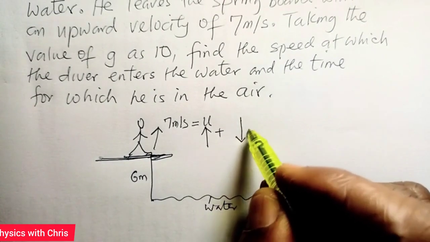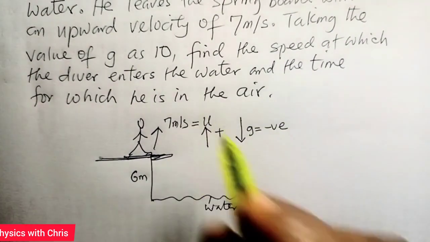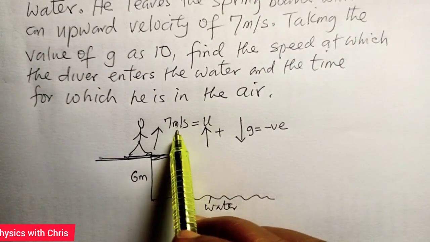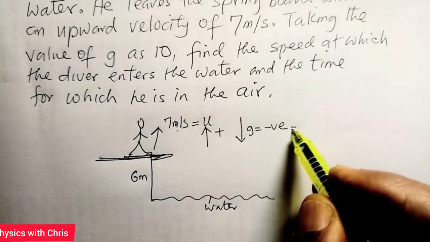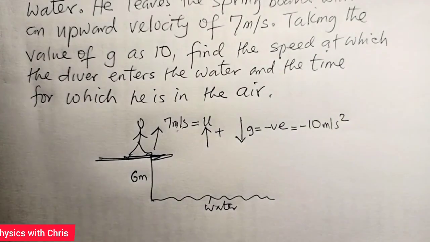So my g will be negative because I've taken the upward direction as positive. The initial velocity is in the upward direction. Okay, so that's the direction and the magnitude of initial velocity. So my acceleration is going to be minus 10 meters per second squared.